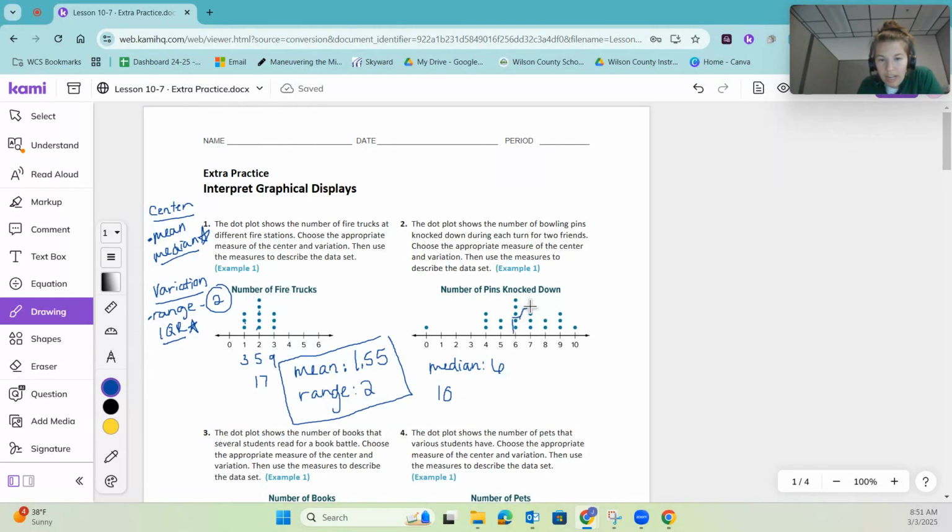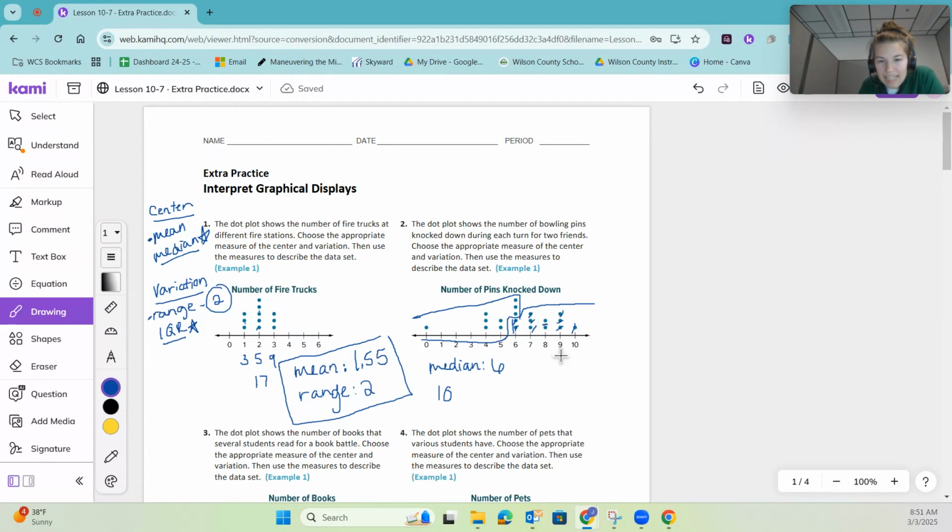Then we look at one side of the data and the other side of the data, and we find the median of each side, the upper half and the lower half. So I have 1, 1, 2, 2, 3, 3, 4, 4, 5.